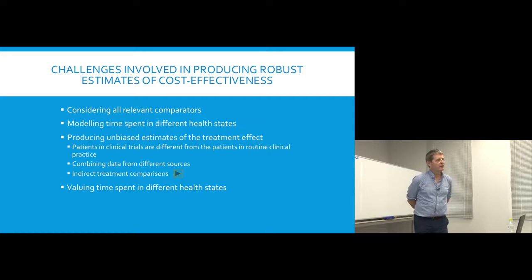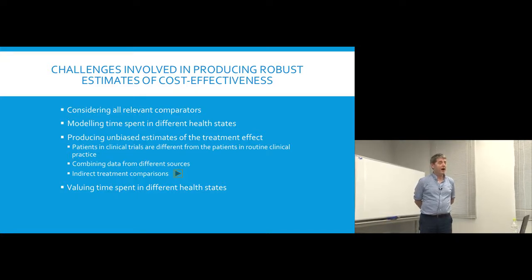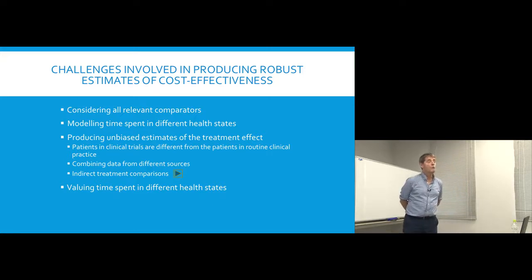One of the most obvious, particularly when we think of clinical trials, is that the patients who are in clinical trials are typically rather different from the patients in routine clinical practice. In routine clinical practice, the patients tend to be older. In routine clinical practice, the patients tend to have more comorbidities.